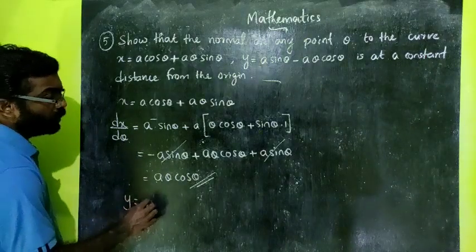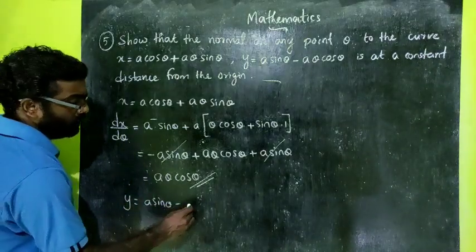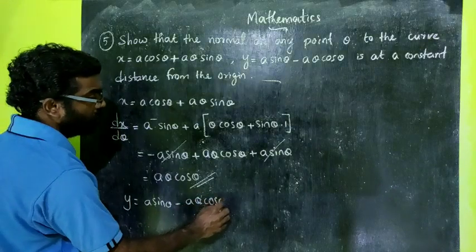Now the y value is a sin theta minus a theta cos theta.